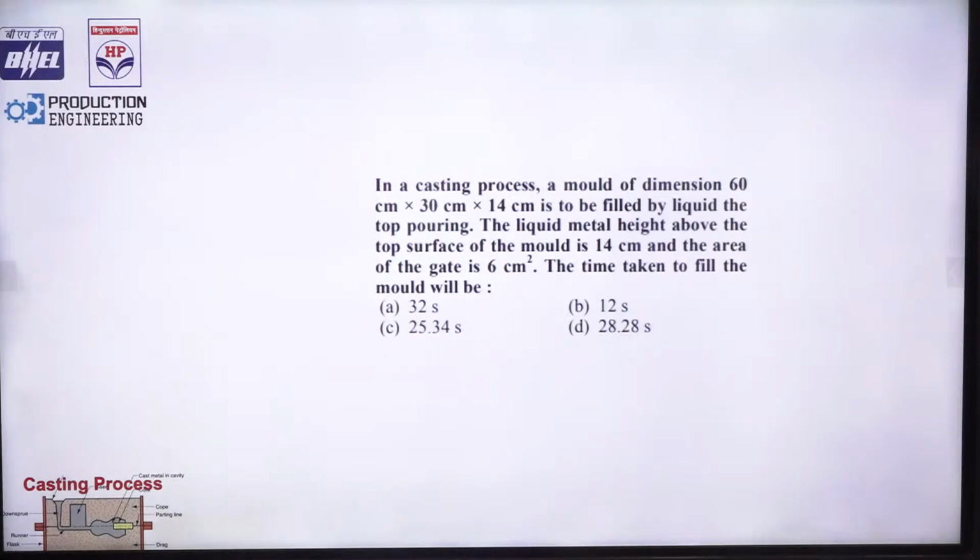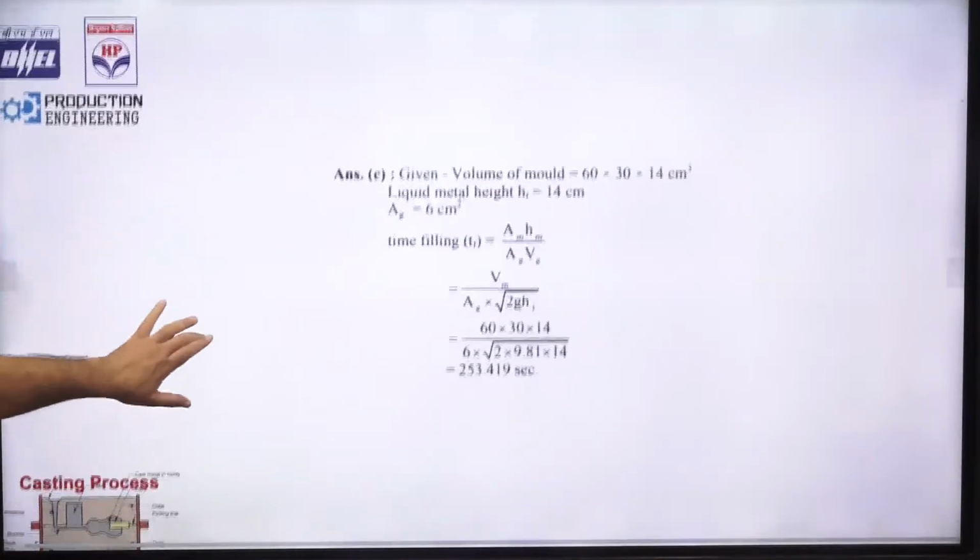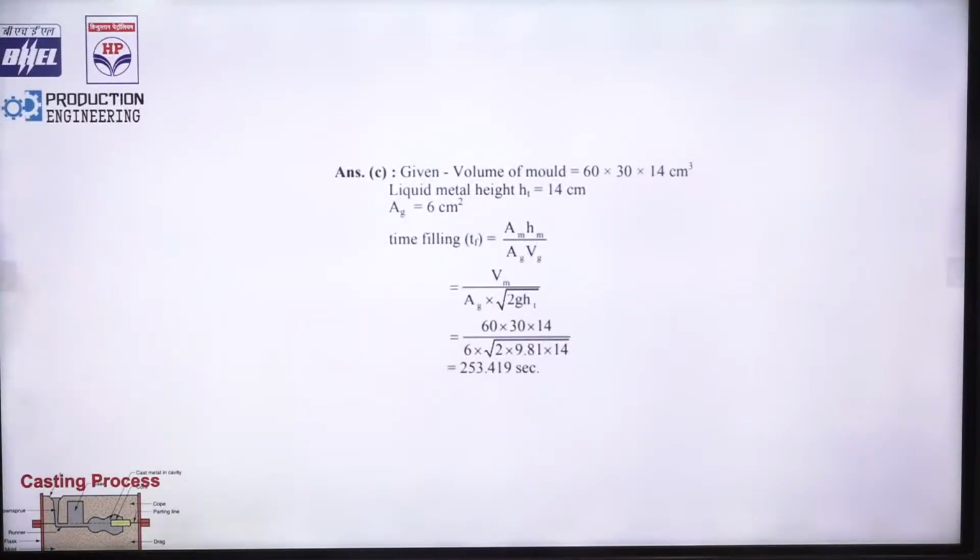So he has given you 60 into 30 into 40, and he has given you that the liquid metal height above the top surface of mold is 14 centimeter and area of the gate is 6 centimeter square. So let's see what is the answer. Total volume is given, liquid height is 14 centimeter, area is also given.